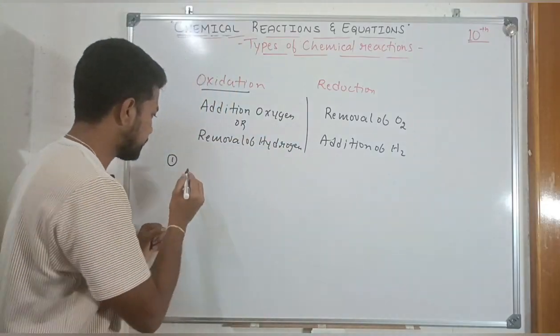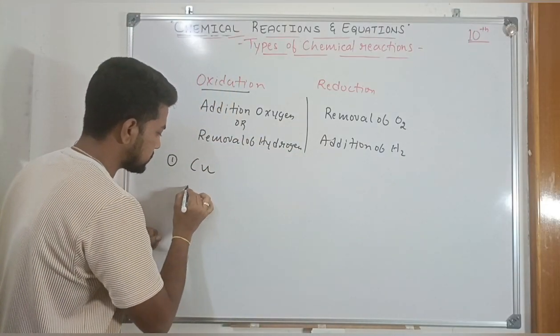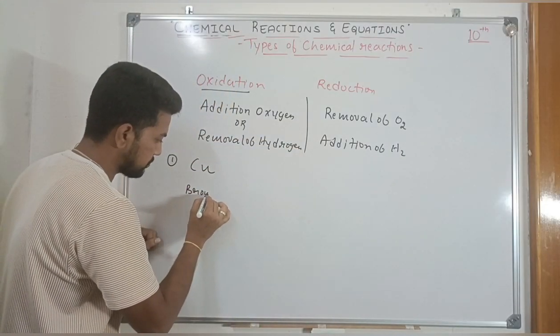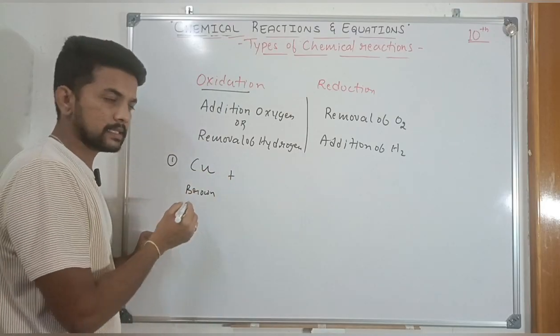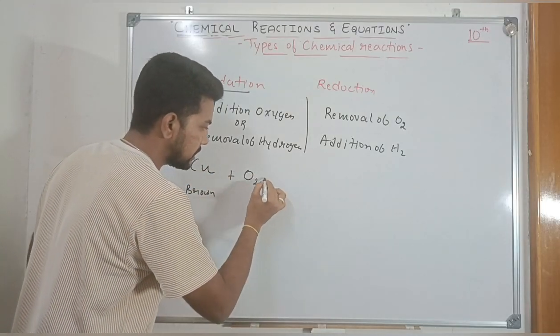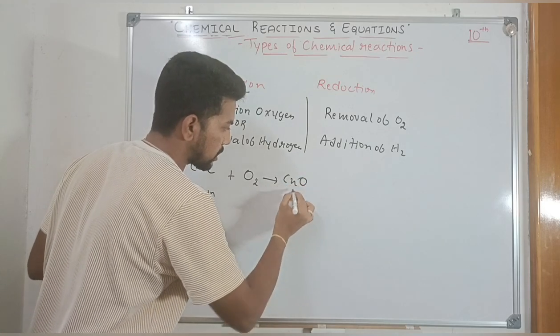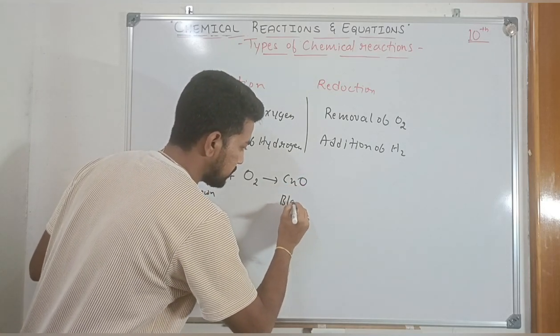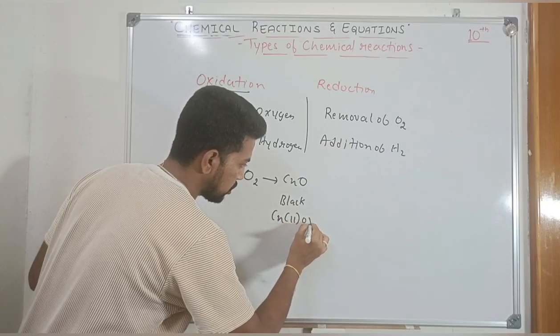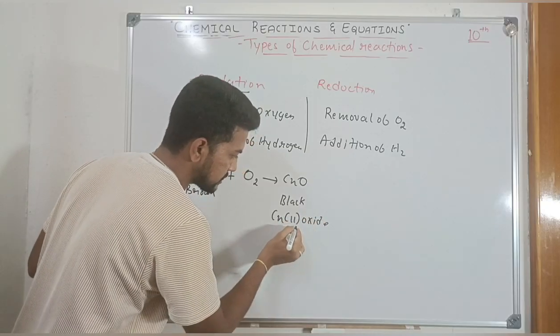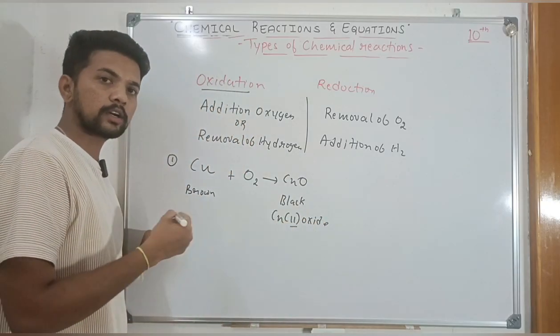Basically copper is brown in color. When this copper is burned in the presence of oxygen, it produces copper oxide, that is the black colored coating, copper 2 oxide. Here this 2 refers to the oxidation state.